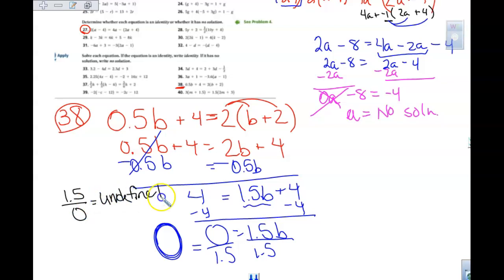You cannot divide by 0, okay? But this is just 0. b equals 0. And if I go back and put in 0 here, I get 2 times 2, which is 4. And here I get 0 and I get 4. And 0 makes it true if I do the check, right? So I always kind of want to do a mental check as I am looking at that.